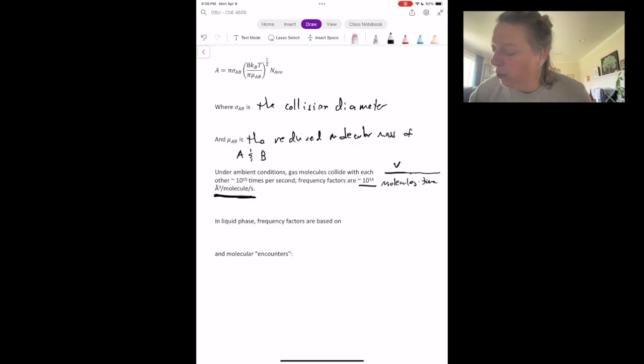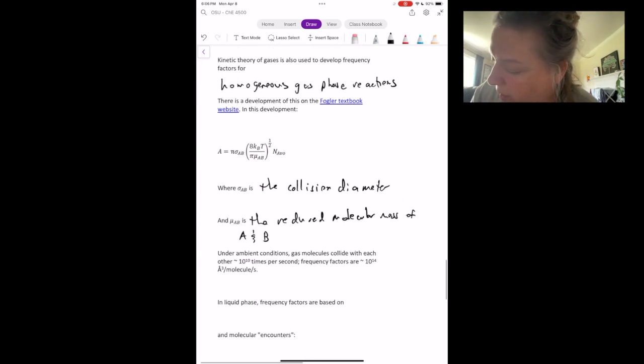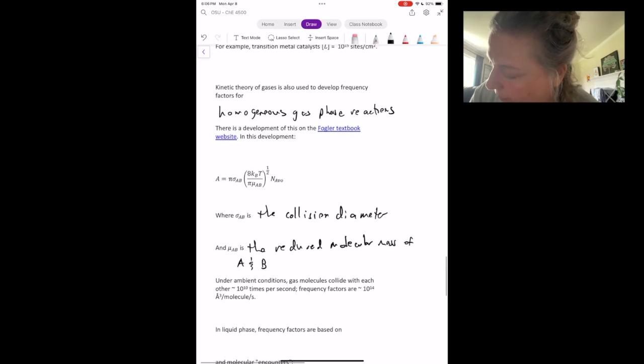So if I was going to write a rate law, maybe we're looking at the reaction here. I have A, and then I have B, and these are going to come together and collide.